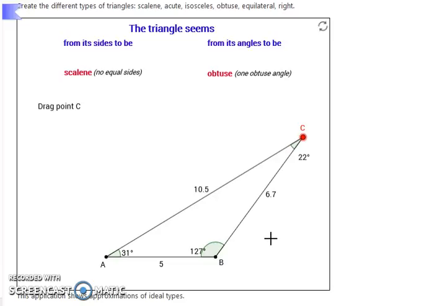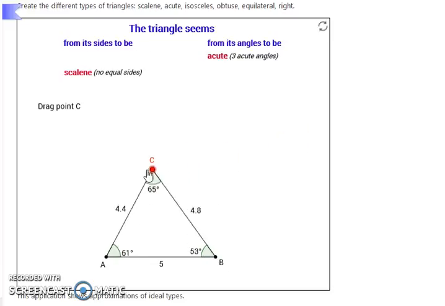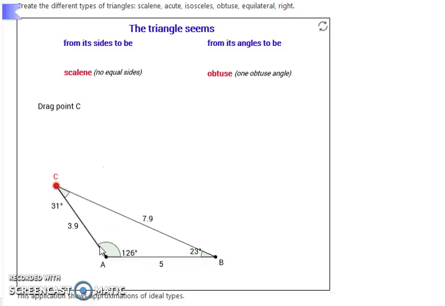An obtuse angle is one where any of its angles or one of its angles is greater than 90 degrees. I'll show you another example. As you can see, point A this time is 126 degrees. It does not matter what the other two angles are. Only one of them has to be greater than 90 degrees.